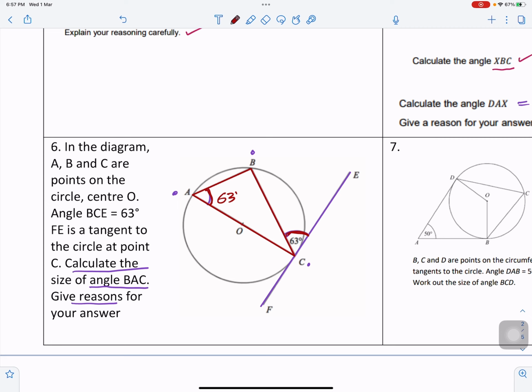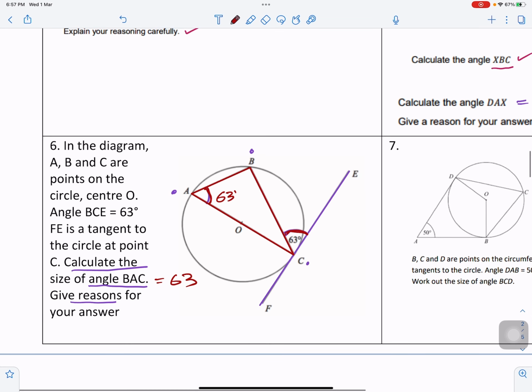So you can say BAC is equal to 63, and the reason is angles in the alternate segment.